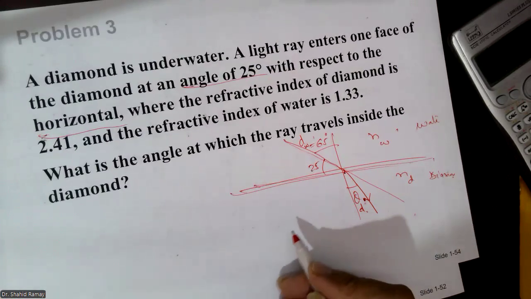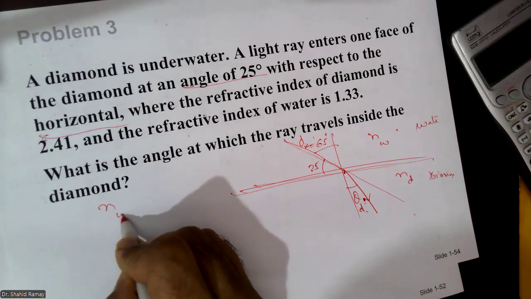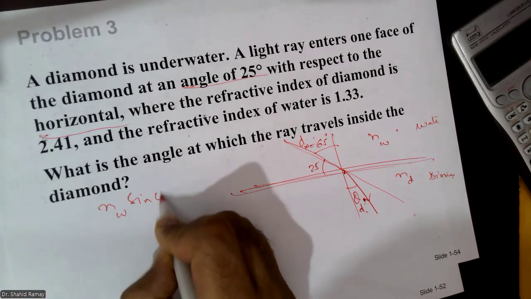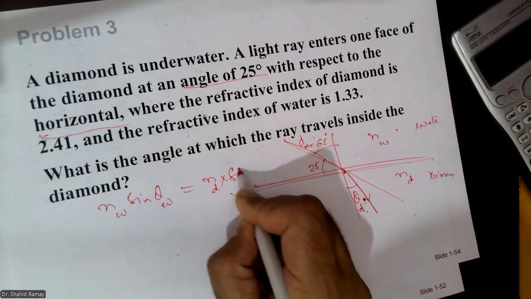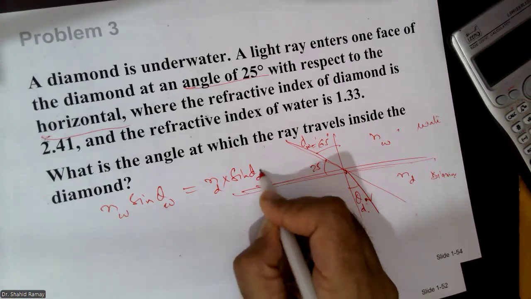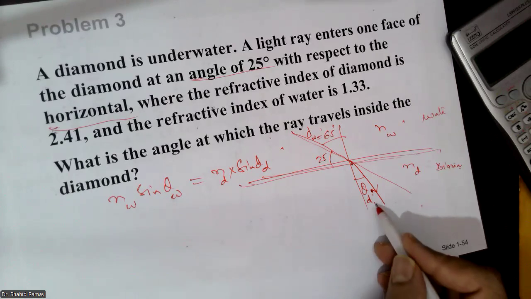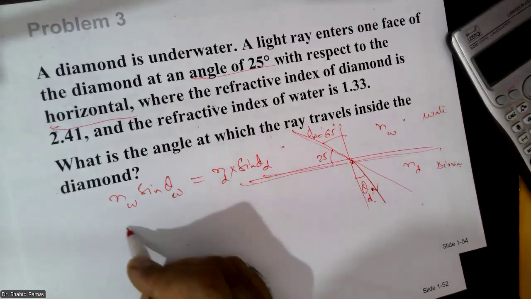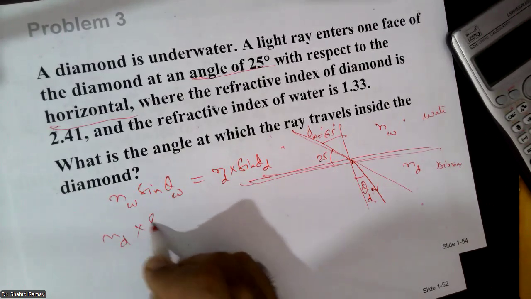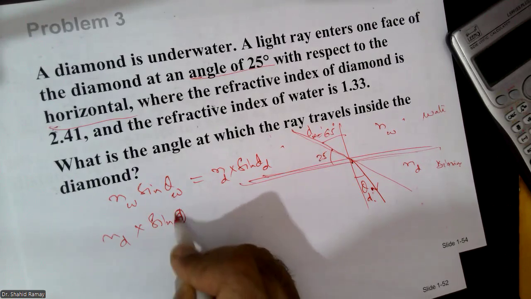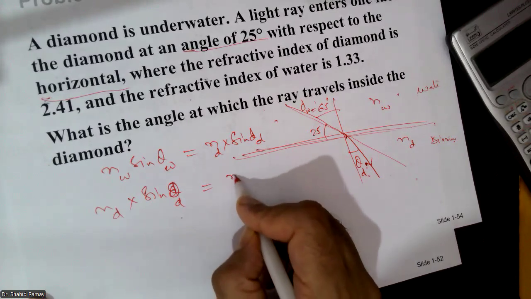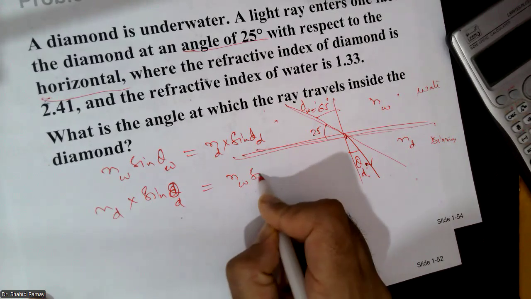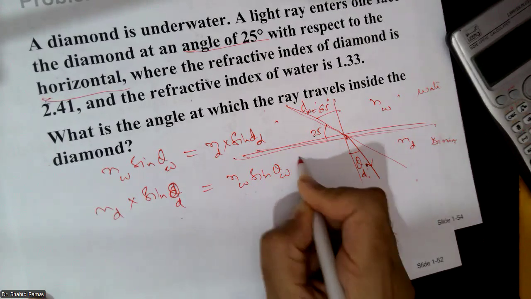So we apply Snell's law. n_W sine theta_W is equal to n_D sine theta_D. We need theta D. So we write n_D sine theta_D is equal to n_W sine theta_W.